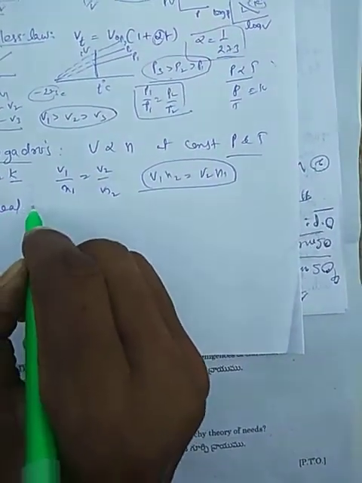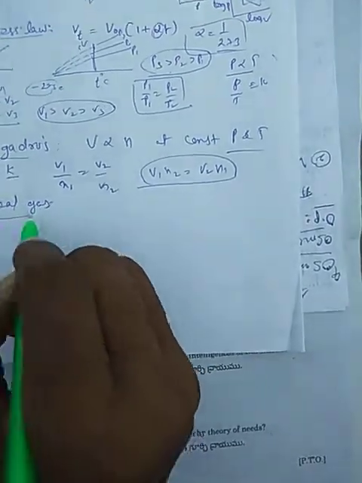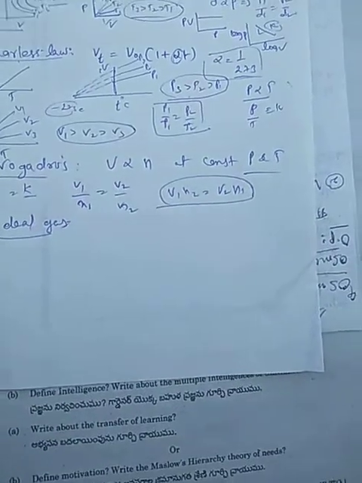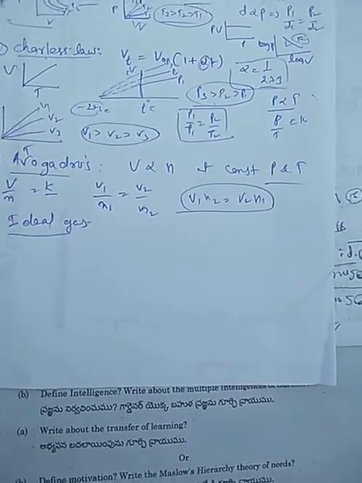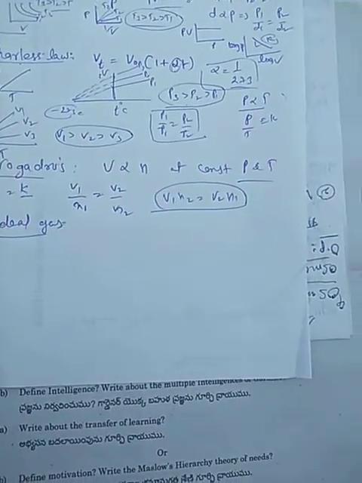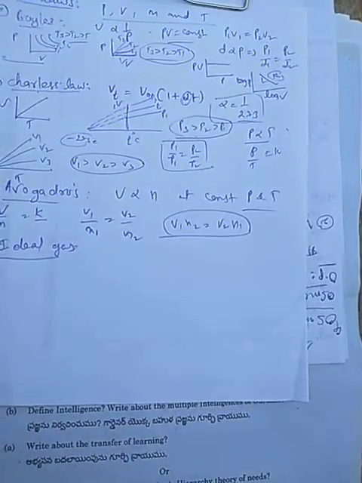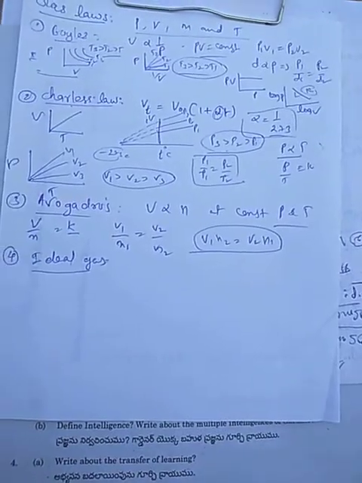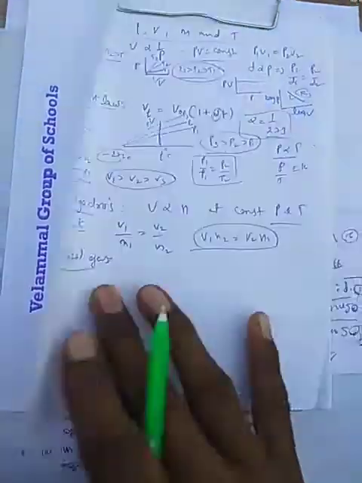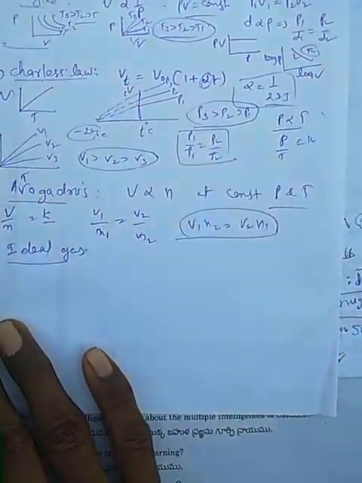Ideal gas equation, or ideal gas. According to this, the gas which obeys all laws under all conditions of pressure and temperature is called an ideal gas.